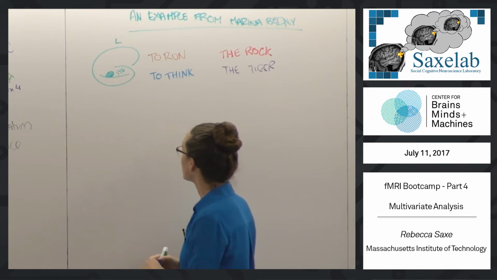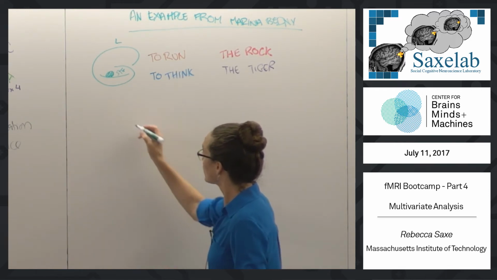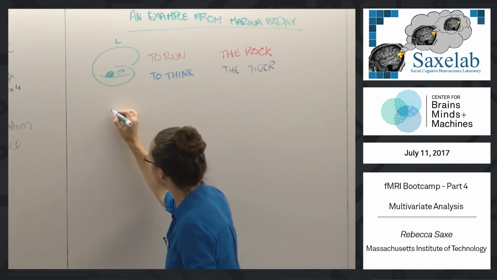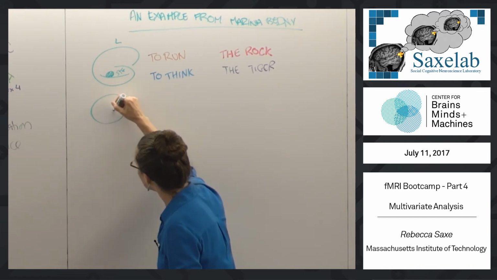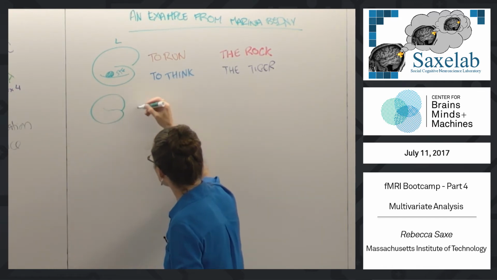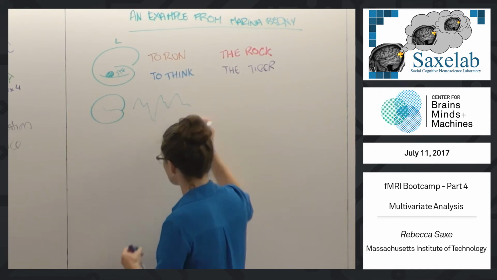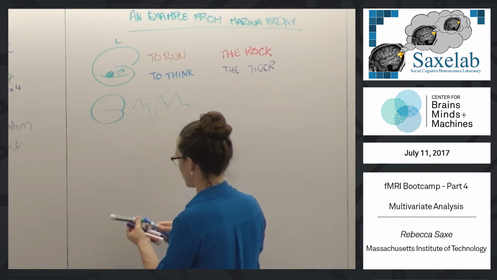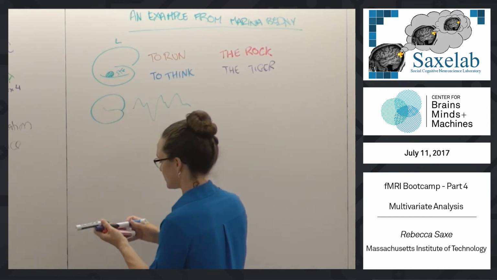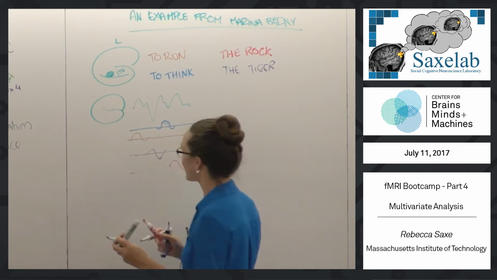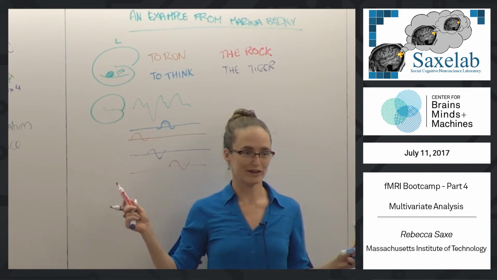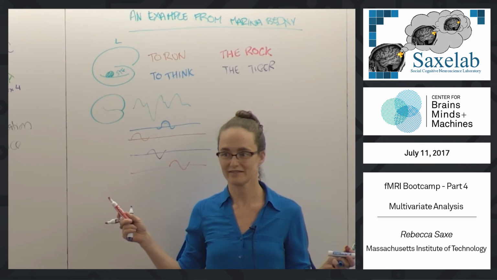The first thing that Marina did was, we have every voxel in the brain, right? We have their time course. Build models. Okay, that's my model. 1 regressor per condition, per run.